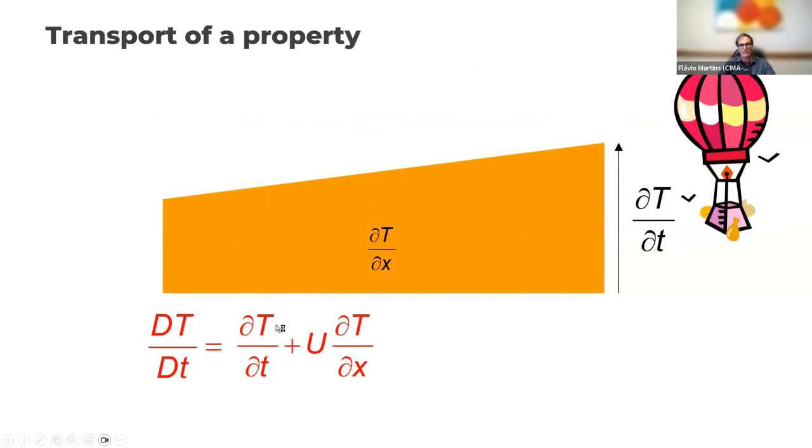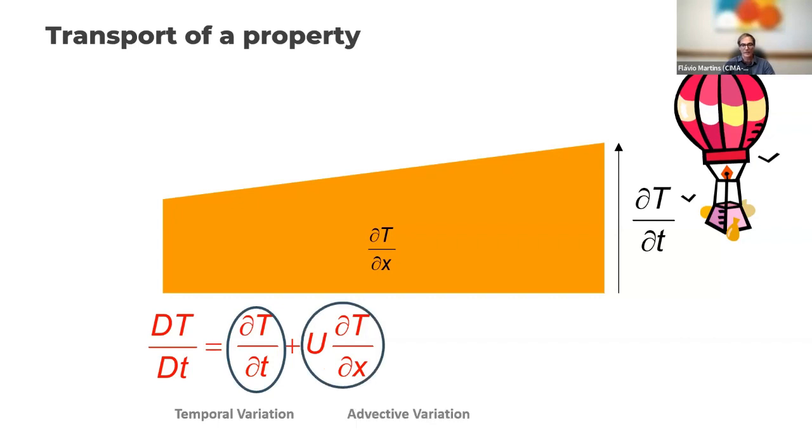There is one part that is due to the environmental change in time, and there is another part that is due to the gradient in space and the velocity of the balloon. You see? So you have these two terms, and these terms have these names: the temporal variation and the advective variation. You see?